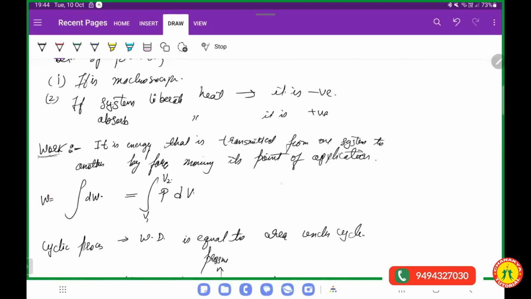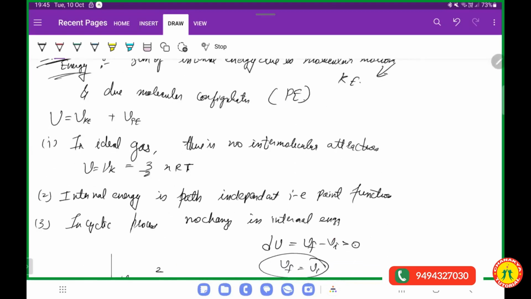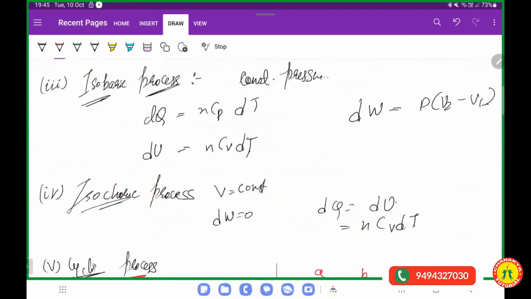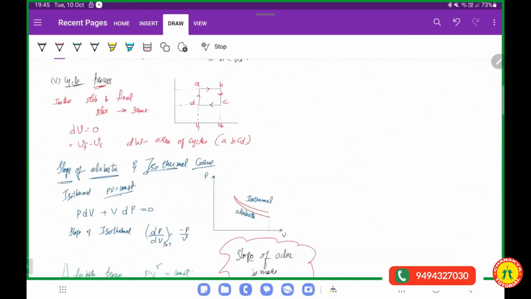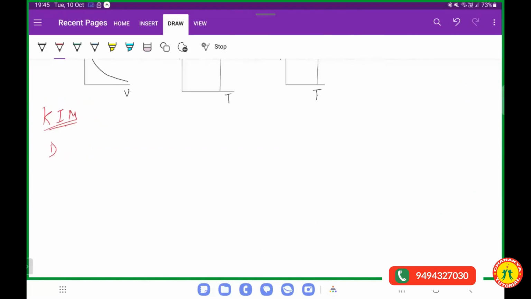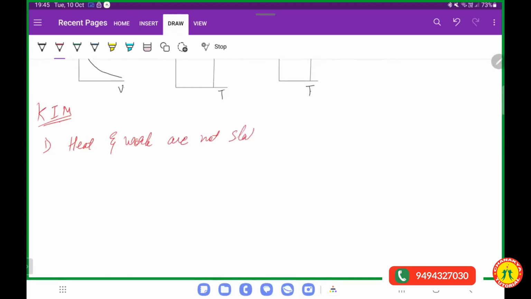This one and internal energy. In this thermodynamics, heat and work are not state variable.